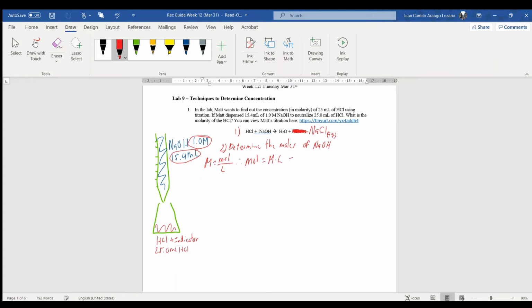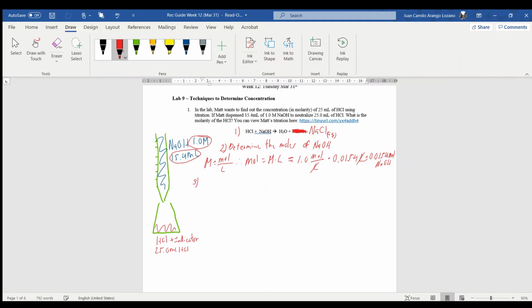If I do that, remember that I need to change my volume to liters, and therefore if my molarity equals 1.0 moles per liter, remember that molarity is the same as saying moles per liter, times 0.054 liters, which is the amount of volume I have of sodium hydroxide. Liters cancels out with liters, and therefore my final result is going to be 0.054 moles of sodium hydroxide.